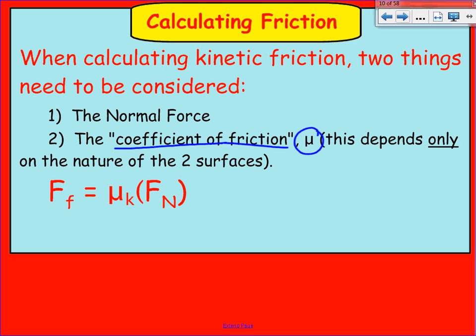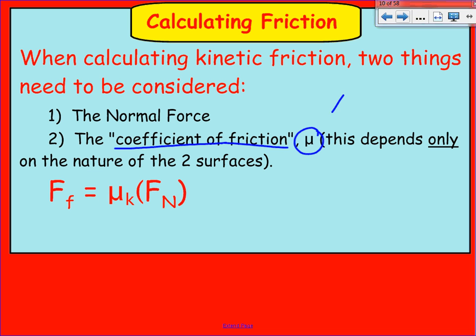Now, this symbol is unitless, it's just a number, and this depends only on the nature of the two substances. For example, if you had cardboard rubbing against a marble floor, that's going to be a different coefficient of friction than, let's say, a textbook rubbing against a marble floor, or a textbook rubbing against a tabletop. The mu depends on the two surfaces.